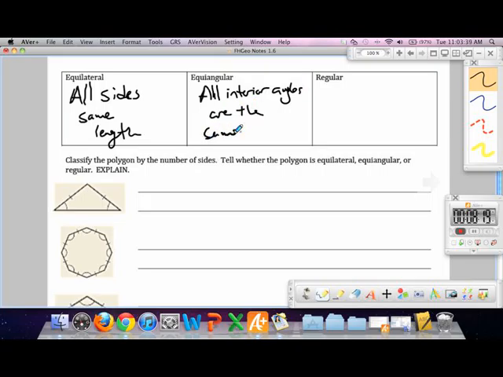And if it's regular, it's both of the first two. We'll call a polygon regular if it's both equilateral and equiangular.